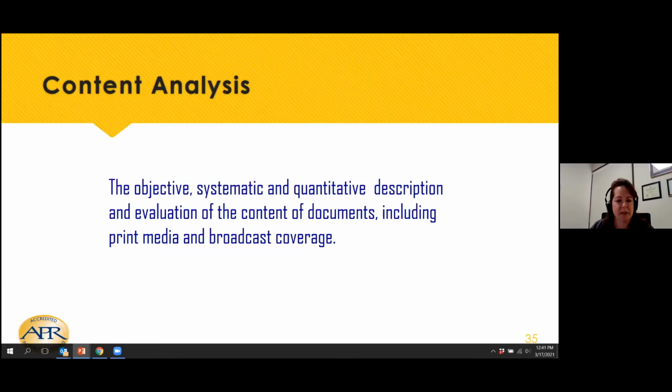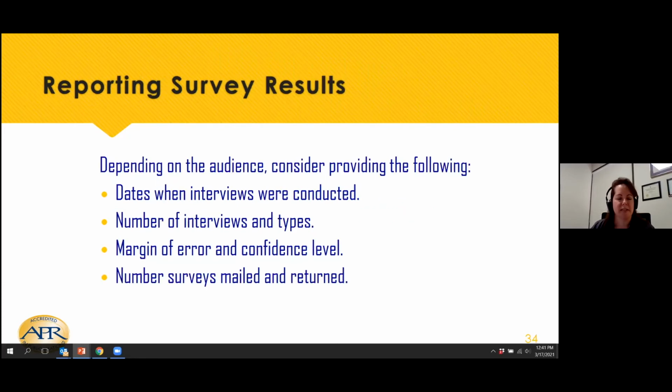From there, you can do your content analysis, which is the objective, systematic, and quantitative description and evaluation of the content of the documents, including, oh wait, no, that's the wrong thing, sorry. That moved on to something else. I'm thinking you're analyzing your survey results.